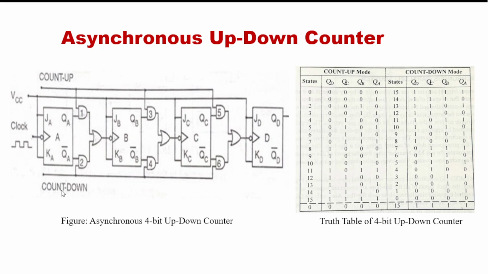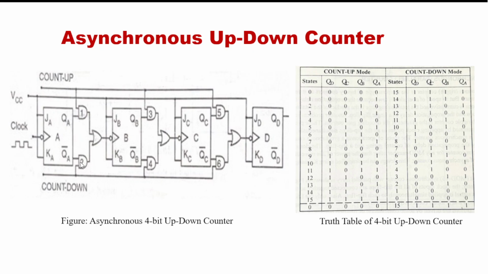In that case we will keep the count down line at 0, and all of you know this is the basic AND gate principle: if one input of the AND gate is 0, the output will be 0. So AND gates number 2, 4 and 6 have one input at 0.